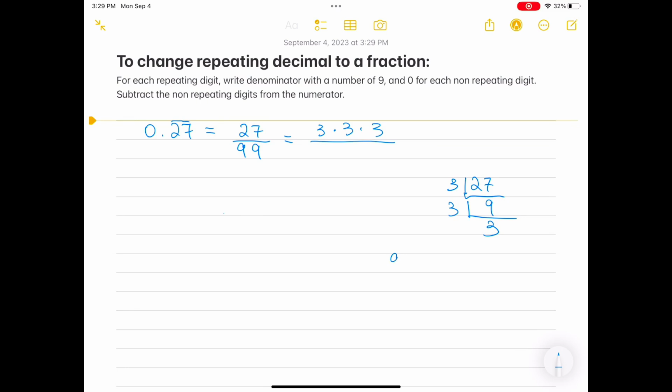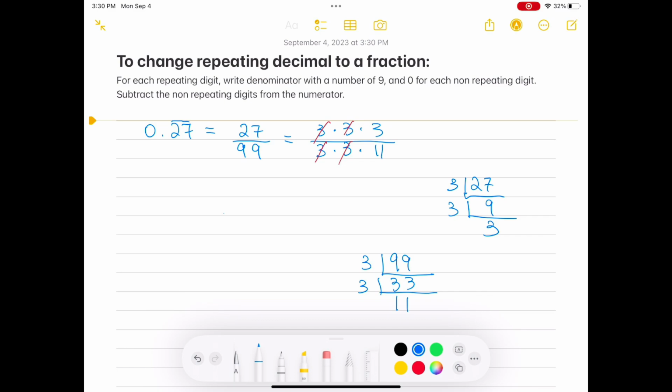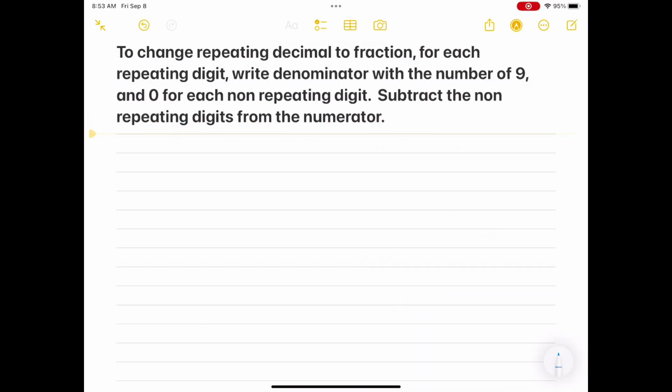So the prime factors of 27 are 3 times 3 times 3, and for 99, they are 3 times 3 times 11. Now we can cancel the common factors of the numerator and the denominator, and we end up with the fraction 3/11.